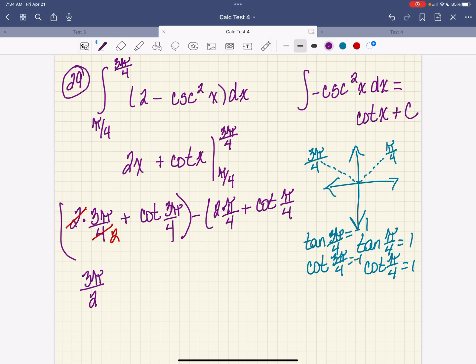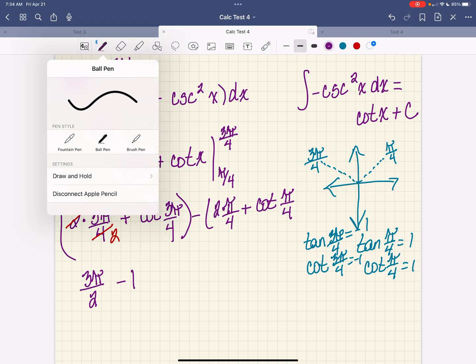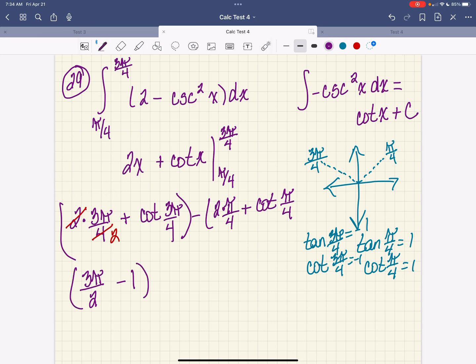Okay, the cotangent of 3 pi over 4 is minus 1 because we are in the second quadrant right here. Then I have minus pi over 2. Okay, and remember, we've got to distribute that negative sign. That's a very common mistake for students, not distributing that minus sign.